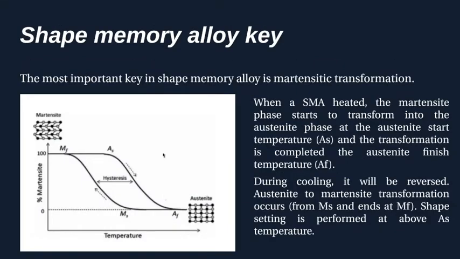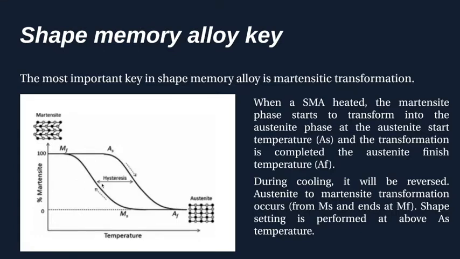And the key for the alloy is, yeah, again, it's martensite and the austenite, okay. So it has this hysteresis. So this hysteresis, okay, it is the gap of the free energy, okay, the free energy.